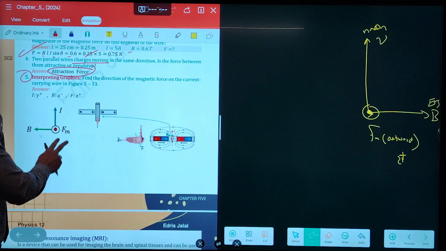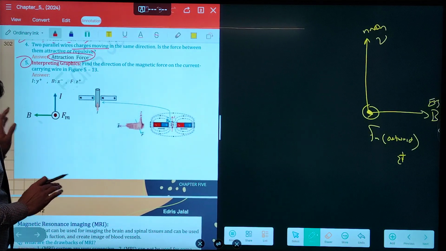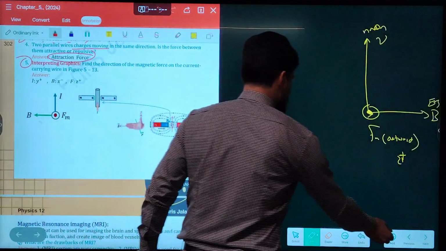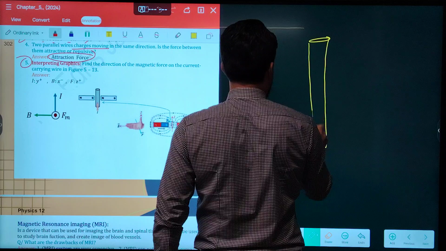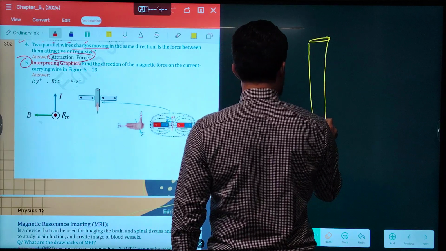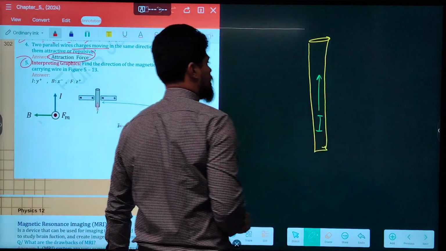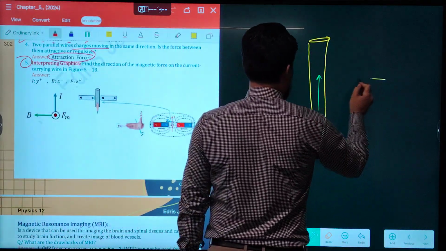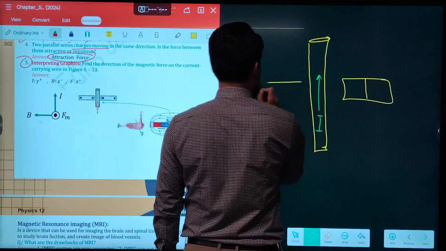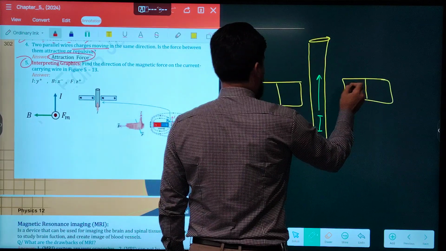Question 5, guys, look at this question. Very good question. Find the direction of the magnetic force on the current carrying wire. We have a wire, and current runs in this direction, upward to the north, and we have a magnetic field, north south.